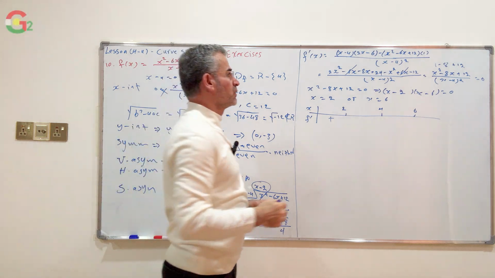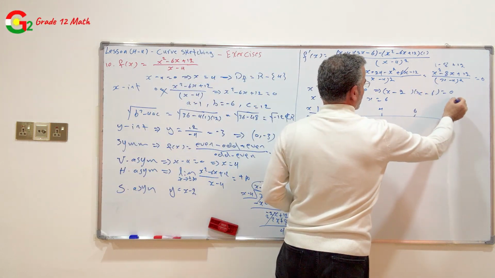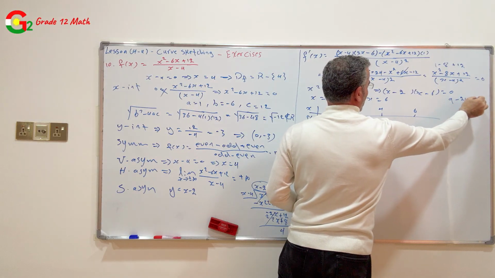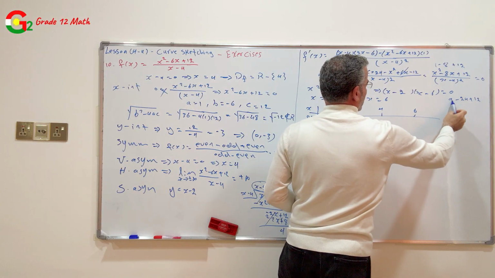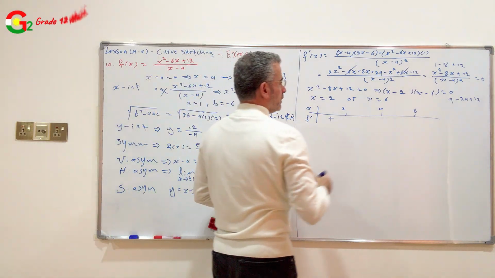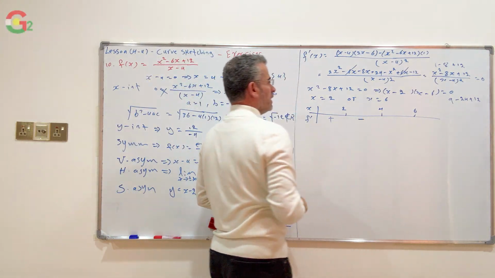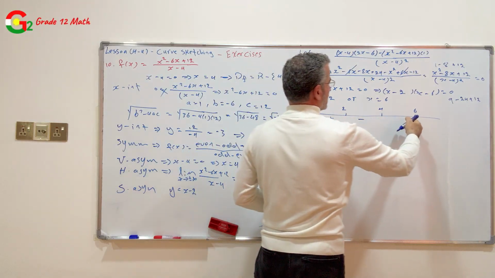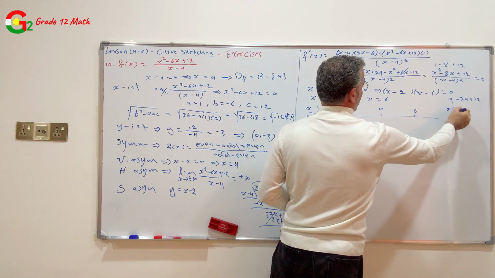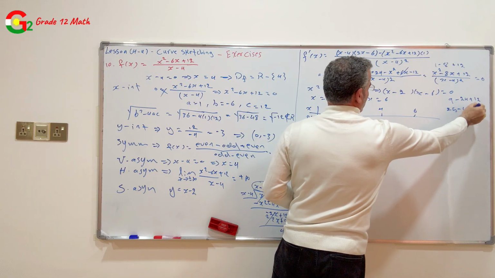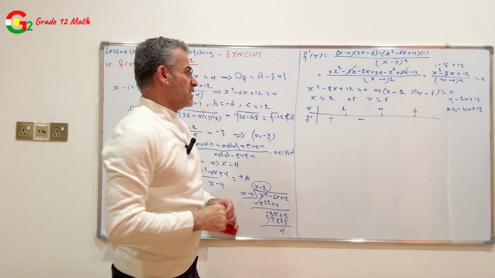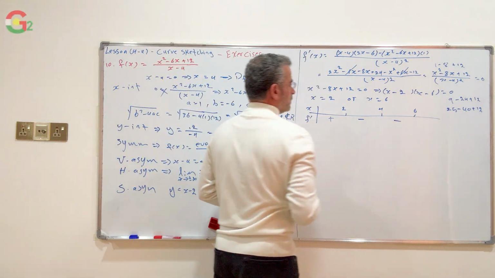Between 2 and 4, take 3: 3 power 2 is 9, minus 8 times 3 is 24, plus 12, 9 plus 12 is 21, 21 minus 24 is a negative value. Between 4 and 6, take 5: 5 power 2 is 25, minus 40 plus 12, 25 plus 12 is 37, minus 40 is also a negative value.